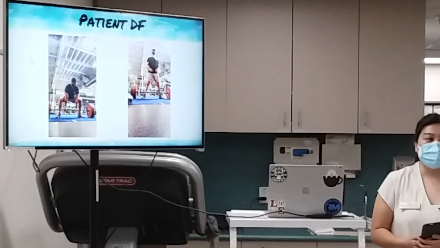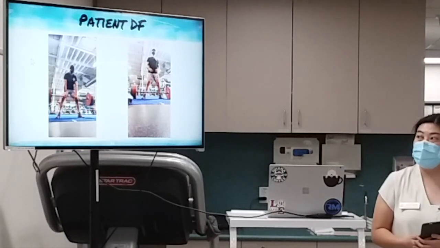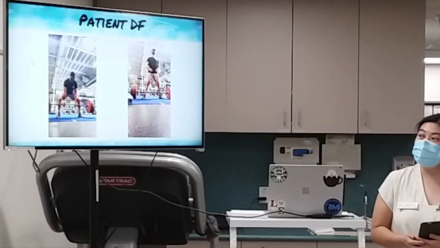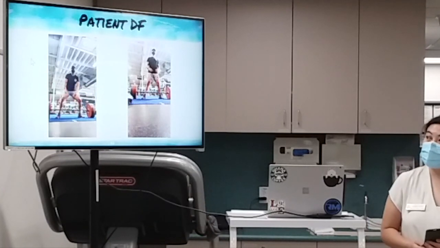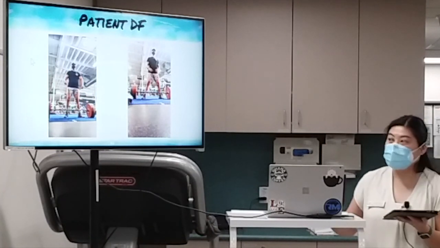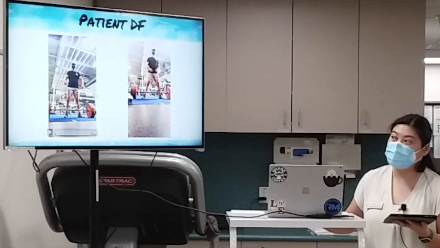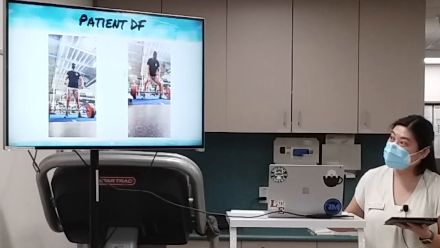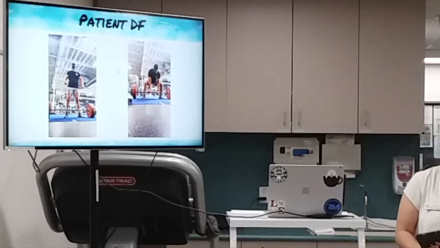And again, his form is staying the same, not overextending on the way back, and his neck stays in line with his spine. And the last video is his new 1 rep max at 335 pounds. And he was able to do this on Monday.